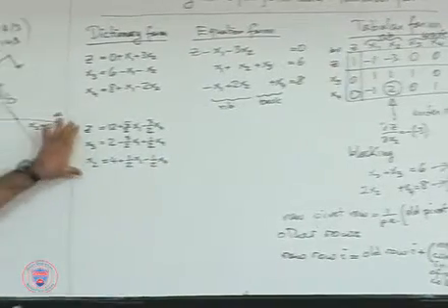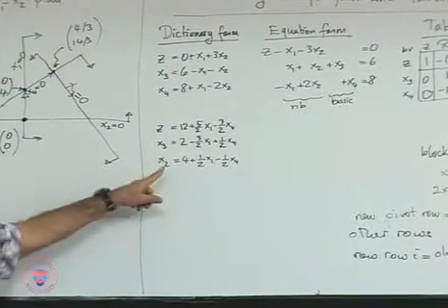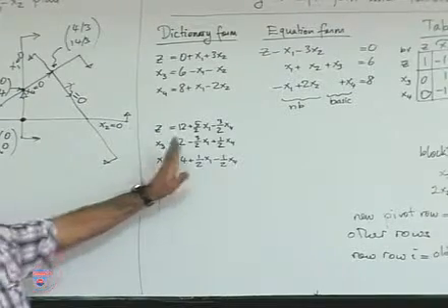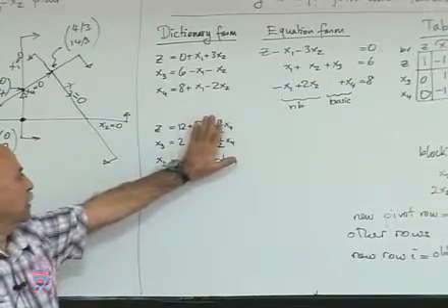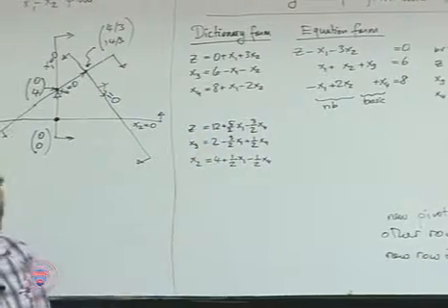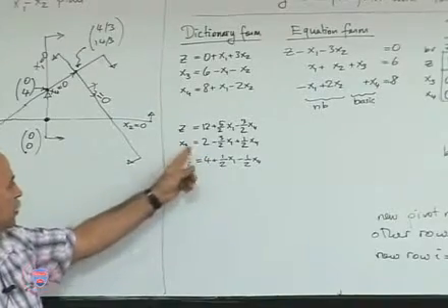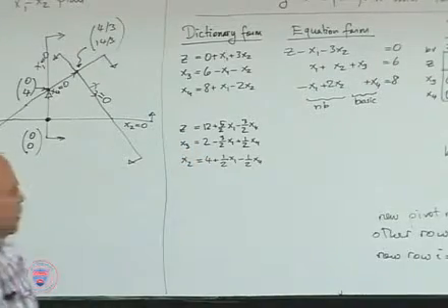This was the second basic feasible solution we found in the dictionary form, with x1, x4 becoming 0, and the constants on the right side tell you what the values of the basic variables are.